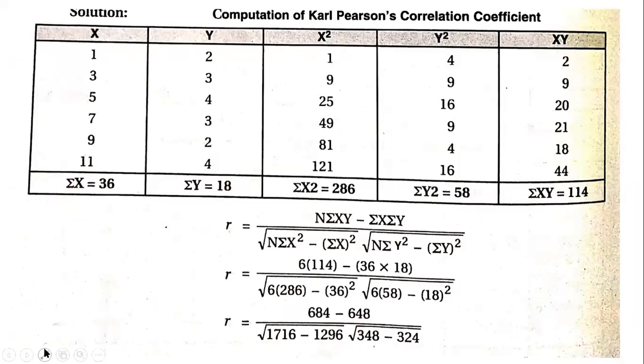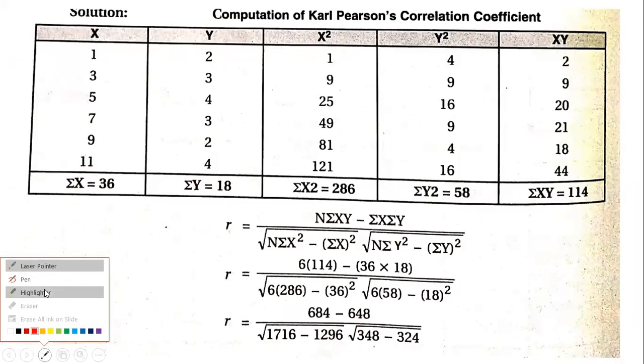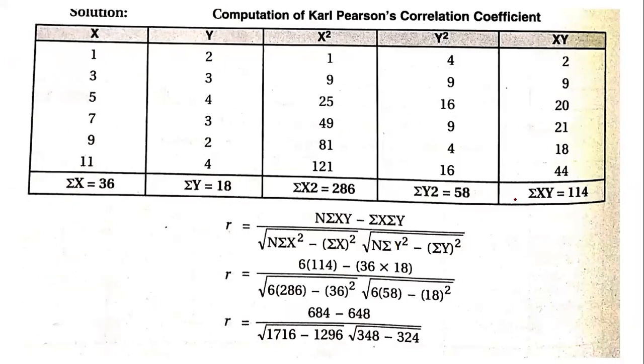Now first, seeing the formula, let us note down which are the important totals that we require. So firstly we require sigma x and sigma y. Then we require sigma x square, that is total of x square and total of y square. And lastly sigma xy.